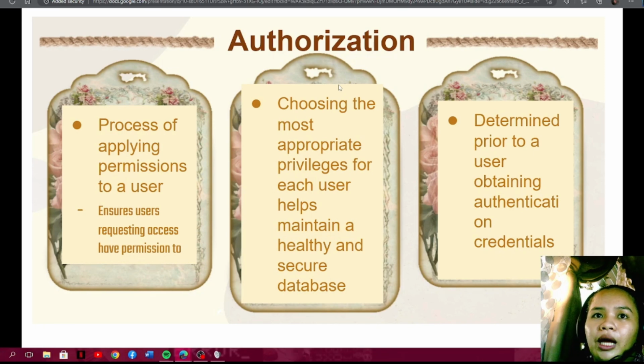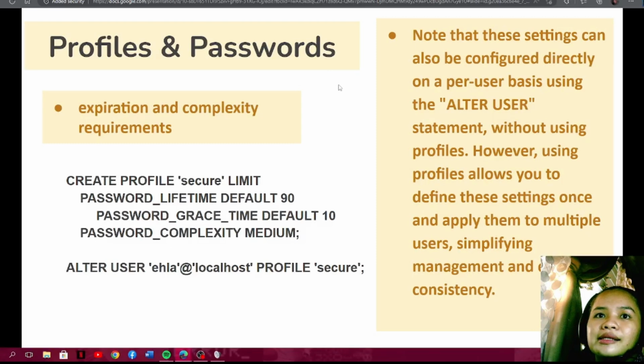So for the process of applying permissions to a user, it ensures the user requesting access has permission to. Choosing the most appropriate privileges for each user helps maintain a healthy and secure database. This is determined prior to a user obtaining authentication credentials. Here is the syntax code for how you are going to set the profile and password expiration and complexity requirements.